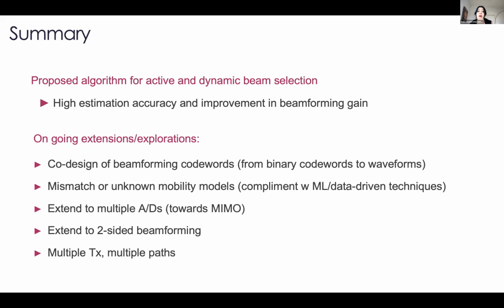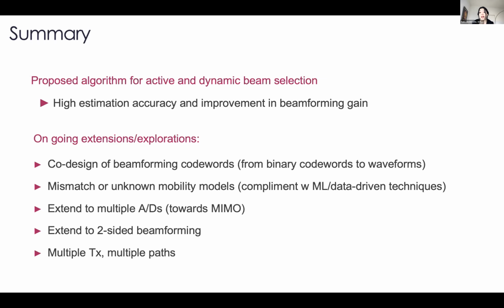We have done some work on mismatched or unknown mobility models, and I would argue a lot of people have used reinforcement learning or other ML techniques to do the alignment, and that captures both the physical reality and the mobility models.